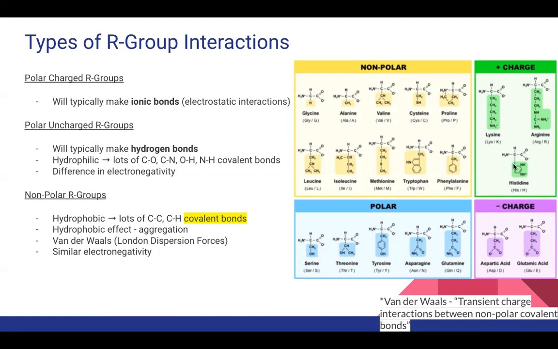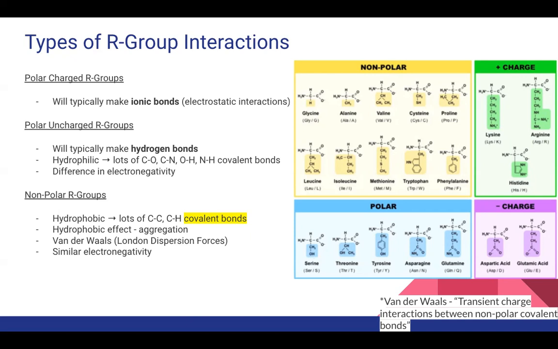If they interact together, they're going to make ionic bonds or electrostatic interactions. And then we also have the polar non-charged amino acids right here. These ones could do hydrogen bonds or other dipole-dipole bonds, and they're hydrophilic.